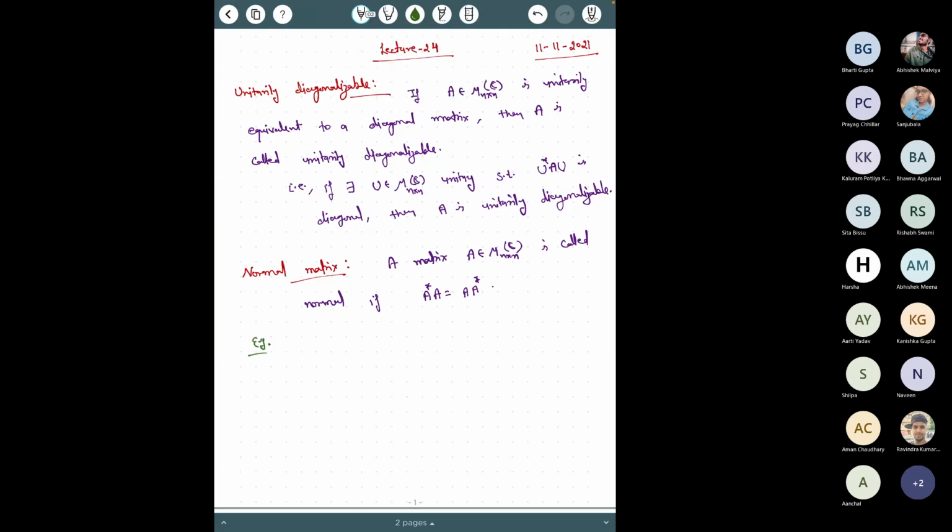So can you give me some examples of normal matrices? Diagonal matrices. Diagonal matrices are always normal. Correct. Else?